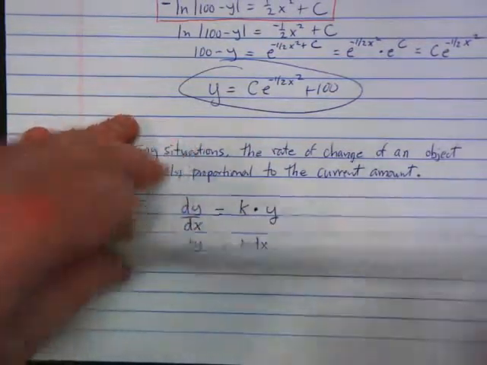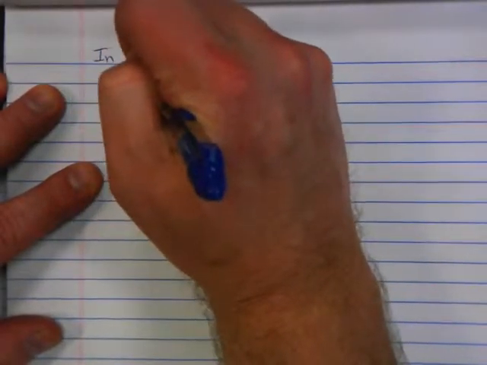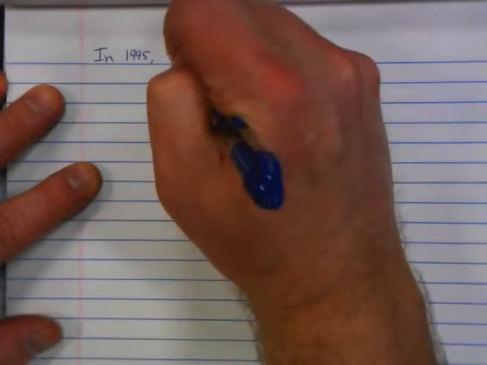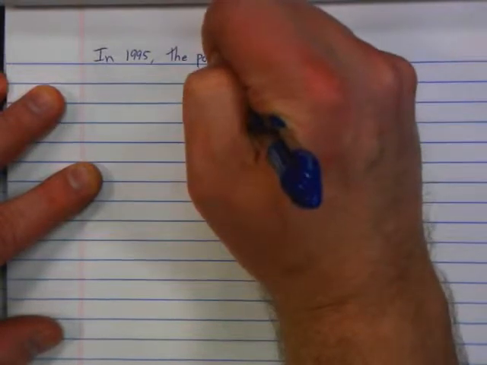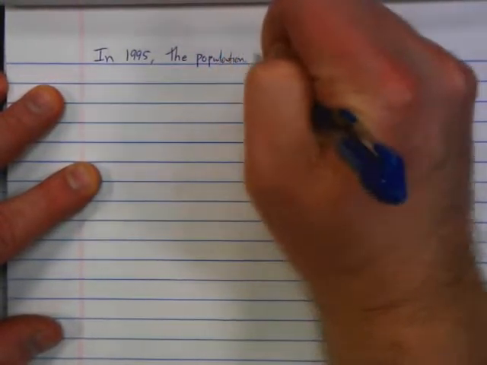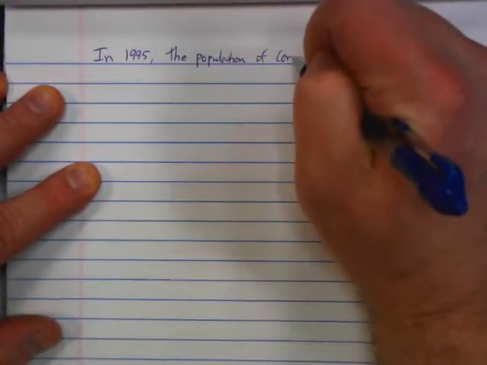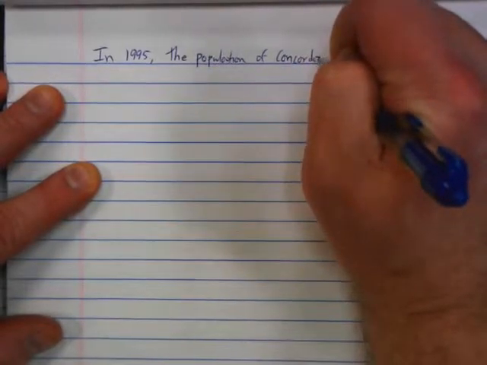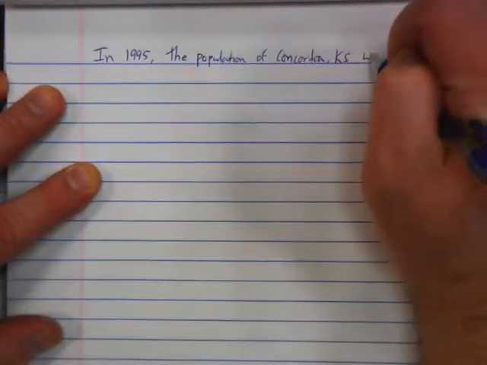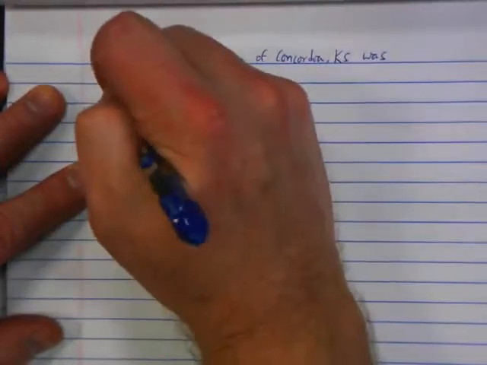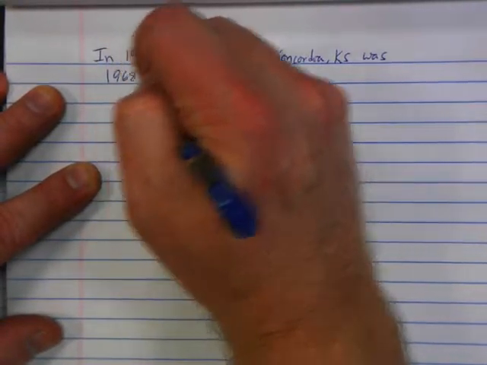So here's the sort of problem you might see in your homework. In 1995, the population of Concordia, Kansas was 1,968 people.